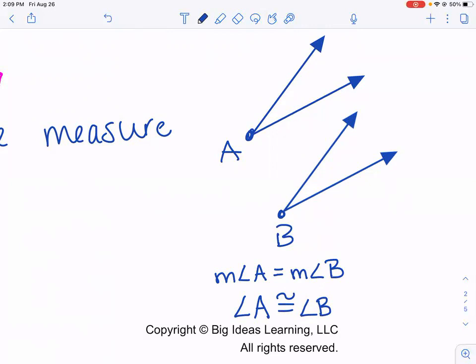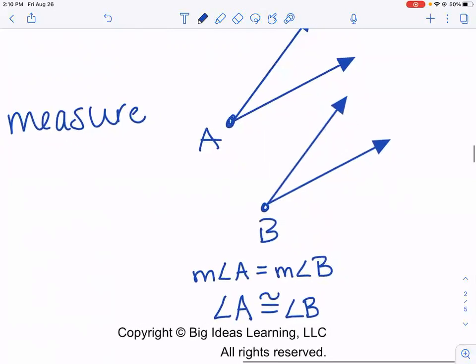So pay attention. If I'm talking about the measure, we use an equal sign. If we're talking about congruent, I don't need the M for measure. Congruent means the measures are equal. If there are numbers, like 30 degrees, 40 degrees, we're talking about the measure of an angle.